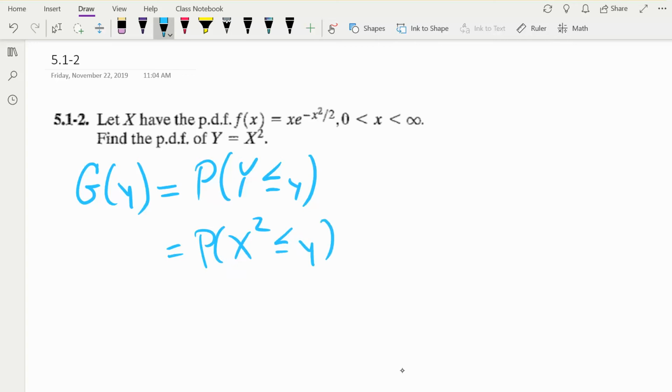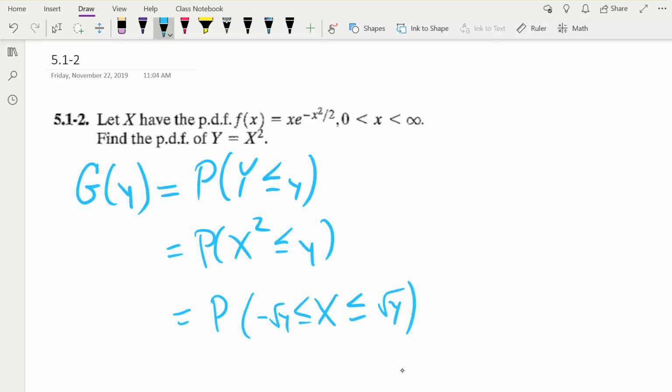Now I want to try to get x by itself. Yeah, we need to take the square root of both sides, right? For x squared to be less than or equal to y, x would have to be in between two values. What are they? Negative root y and root y, right?